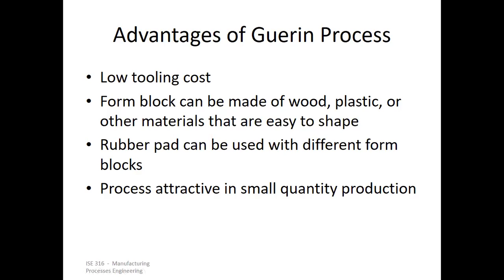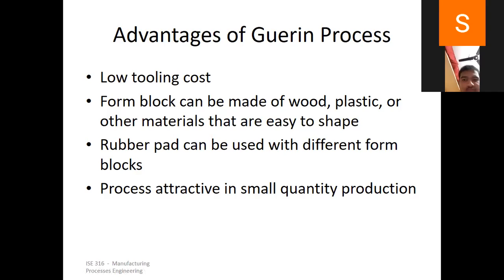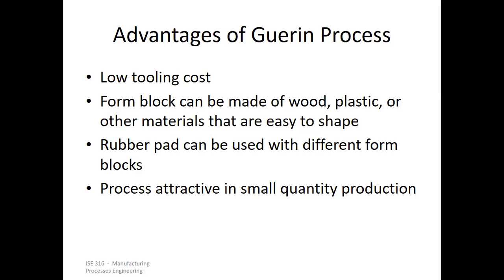How easy it is to make that foam block is another factor that will affect the economics of the process. If it is easy to shape, then it becomes easy for us to form different shapes with the setup.